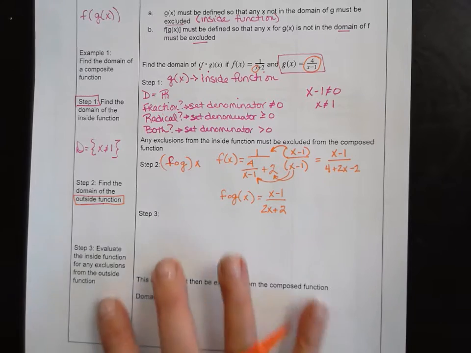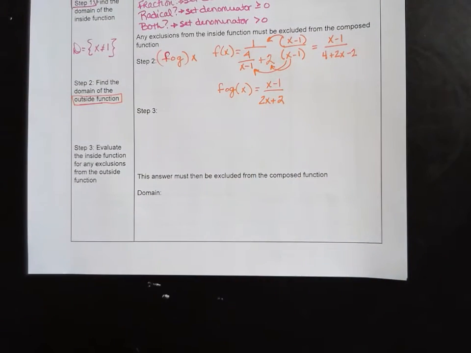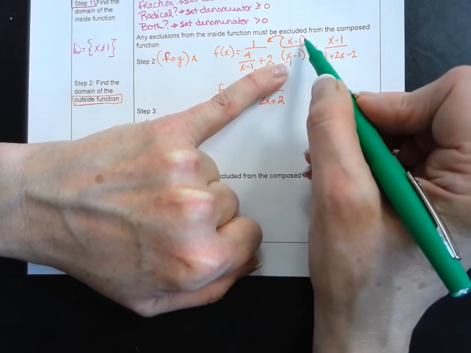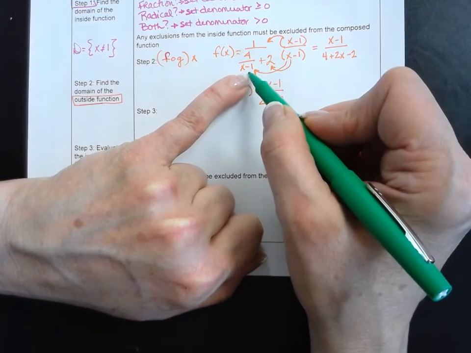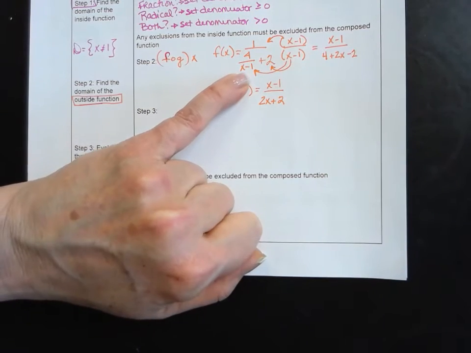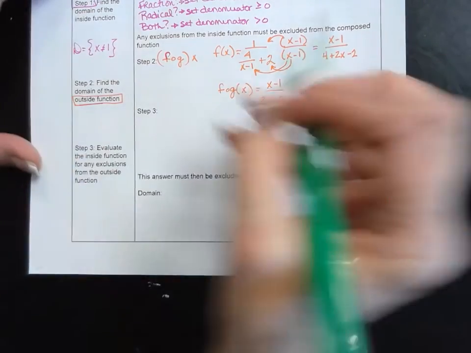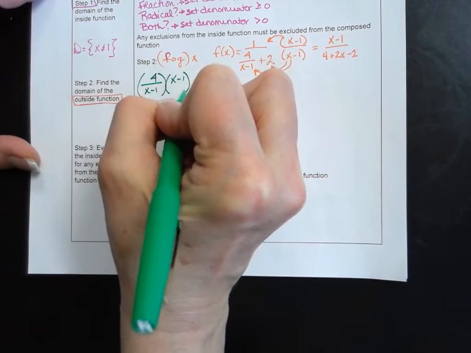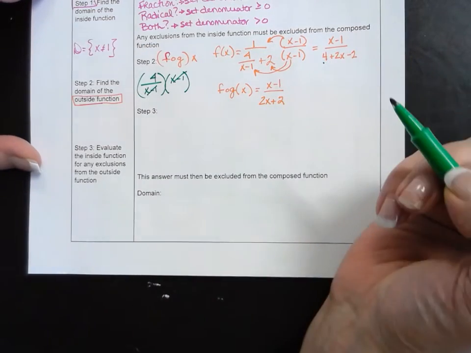Everybody with me on that one? Because I multiplied x minus 1 because that was the bottom of this fraction to make that fraction go. When I did 4 times x minus 1, those are going to cancel, which leaves me with the 4.